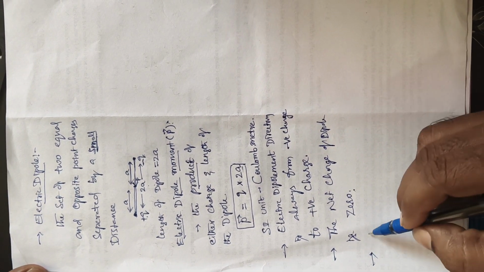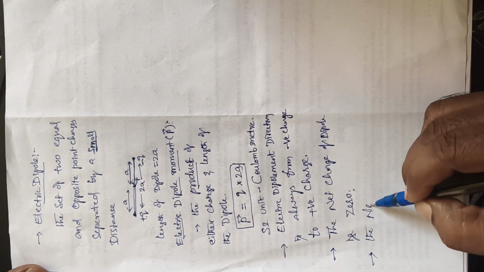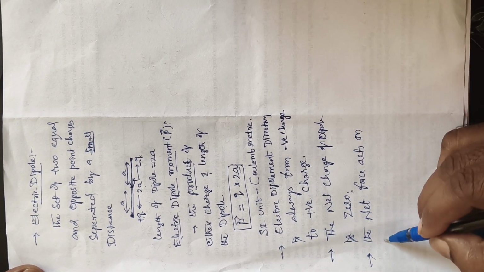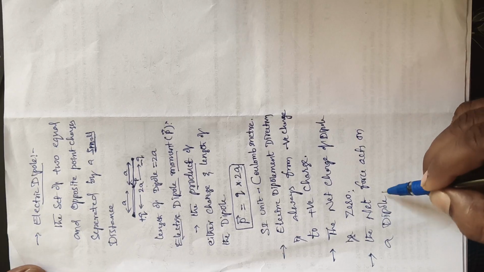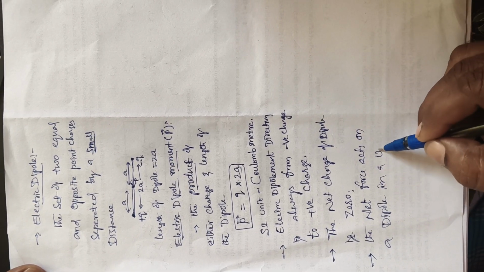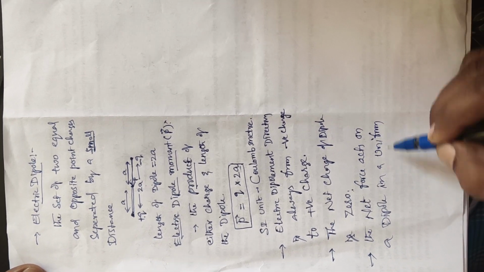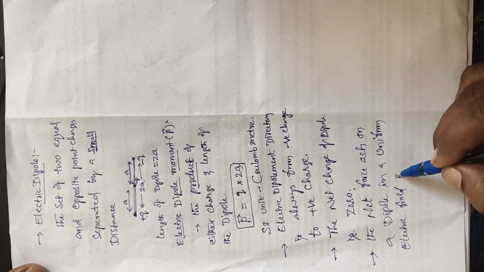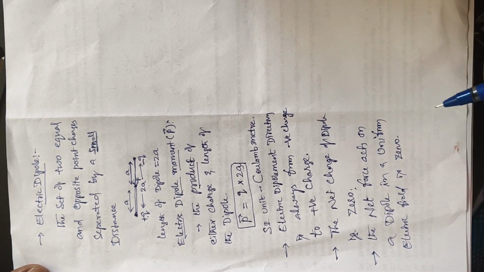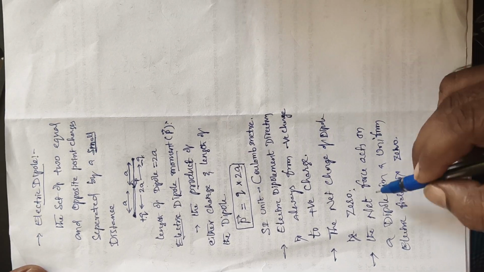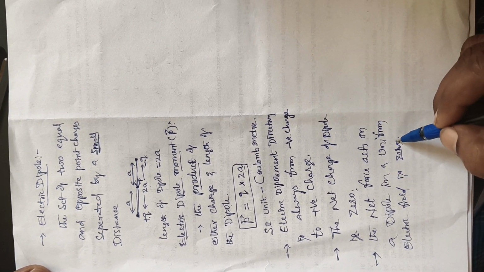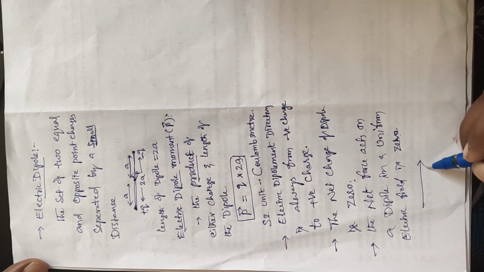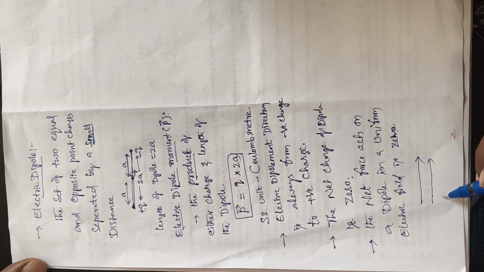So next thing is the net force. Net force acting on a dipole in a uniform electric field is 0. Whenever it is a uniform electric field, last class we discussed electric field lines.